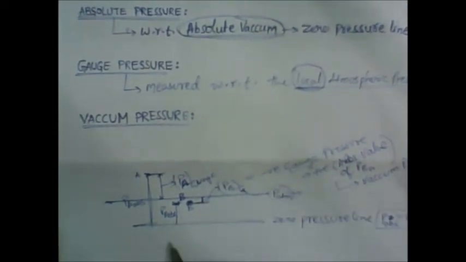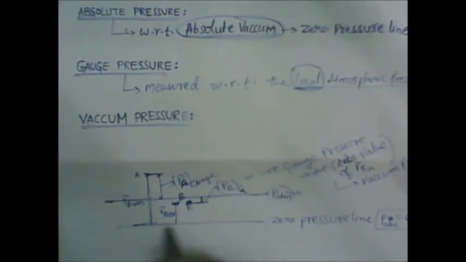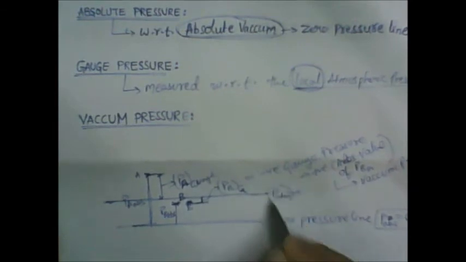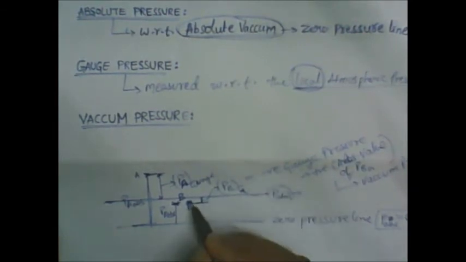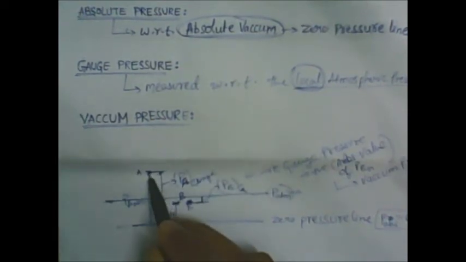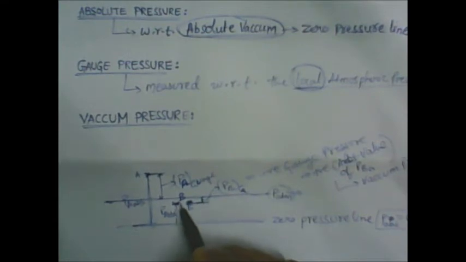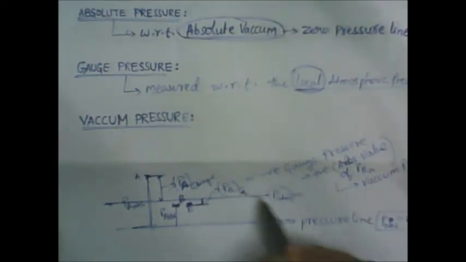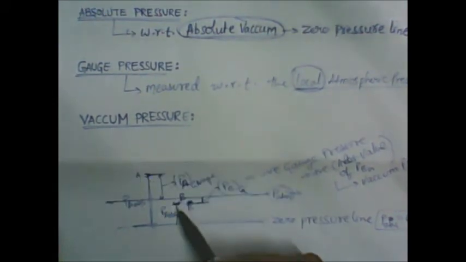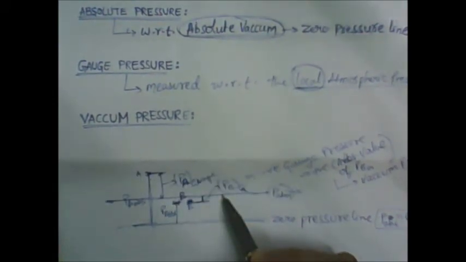Understand? Let me repeat it once more. There are two references. One is the standard zero pressure line and the other is atmospheric pressure, which is the local atmospheric pressure. Whenever we take two points A and B, when the pressure of A is measured with respect to the zero pressure line, it is the absolute pressure of A. In the same way, the pressure of B measured with respect to the zero pressure line is the absolute pressure of B. Then if the same pressures at A and B are measured with respect to atmospheric pressure, they are called gauge pressures.